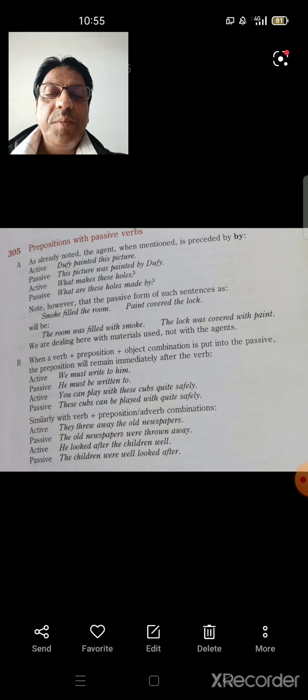So the old newspapers were thrown. Thrown is the past participle, and away is the adverbial. They threw the old newspapers. The old newspapers were thrown away. This is the passivization of the active form. He looked after the children well. The children were well looked after.